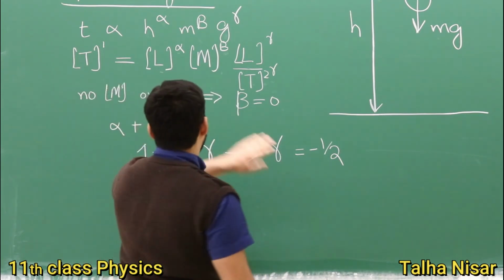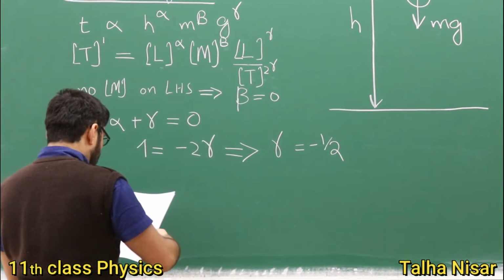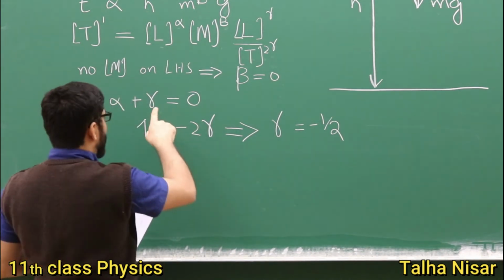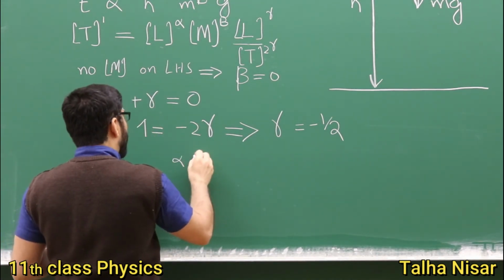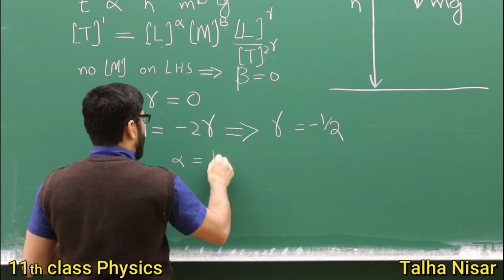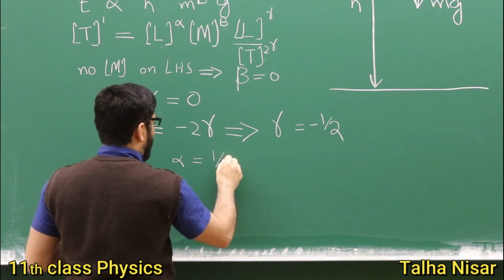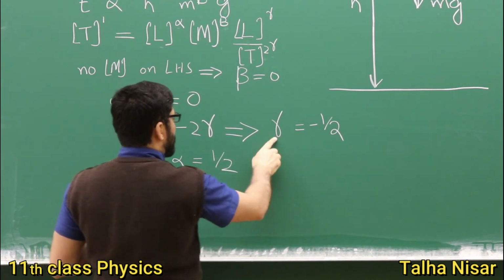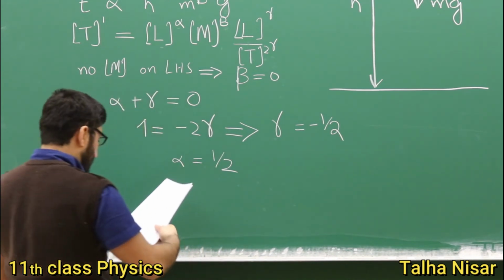If we put the gamma in this equation here, we will get that the alpha is also 1 by 2. So gamma is minus 1 by 2 and the alpha is 1 by 2.